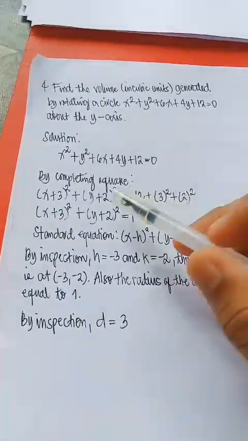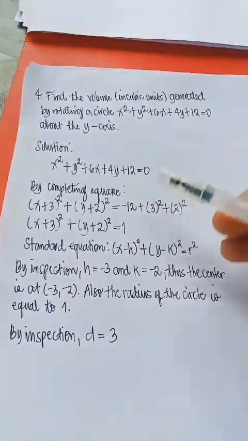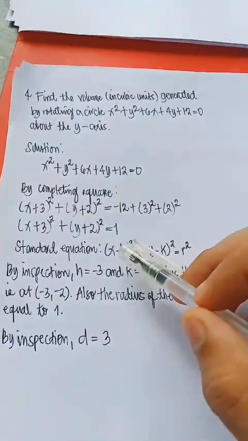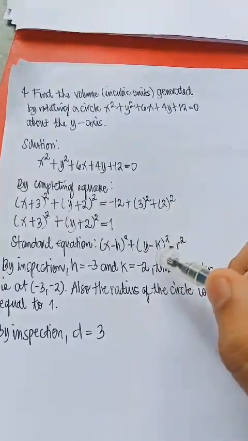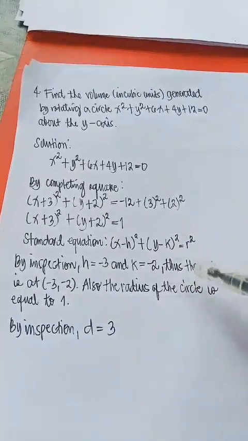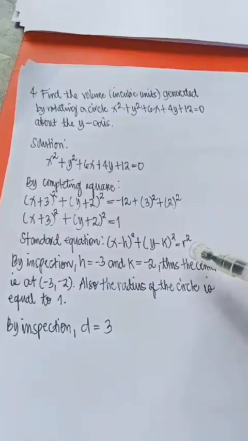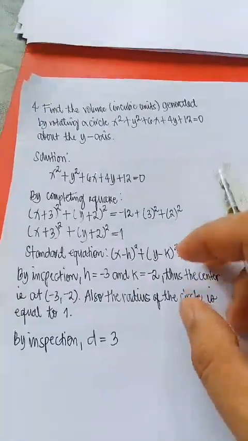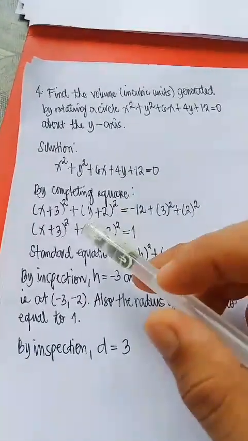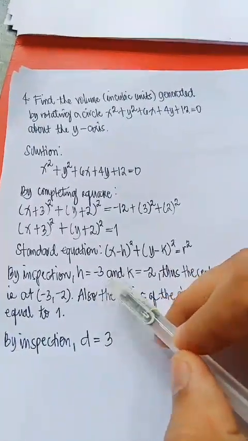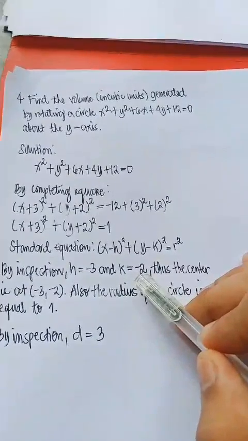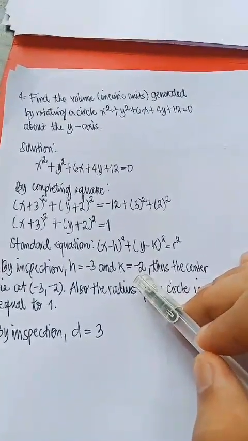The standard equation will be x minus h squared plus y minus k squared equals r squared. Now, by inspection, h is equal to negative 3 and k is negative 2.